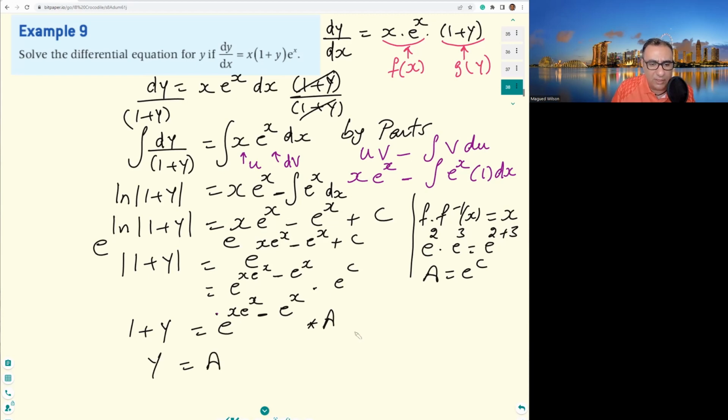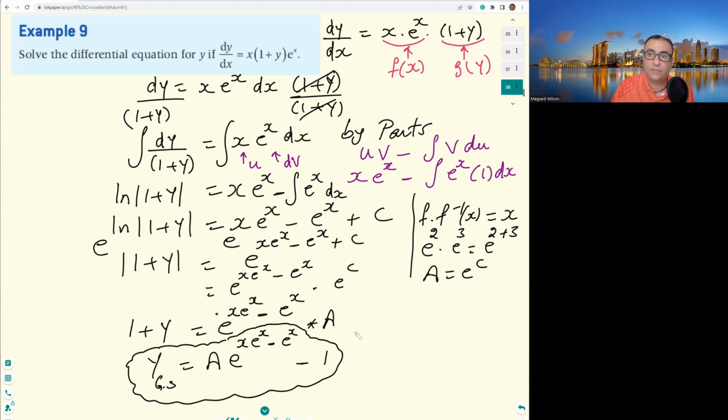So at the end of the day, y equals A times e to the power of x e to the power of x minus e to the power of x, and then minus 1. We call this y general solution, and this is the solution of this separable differential equation.